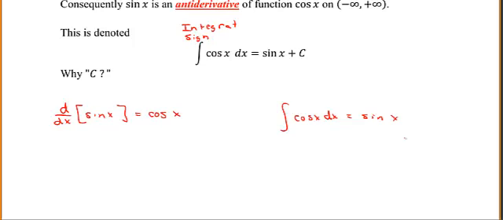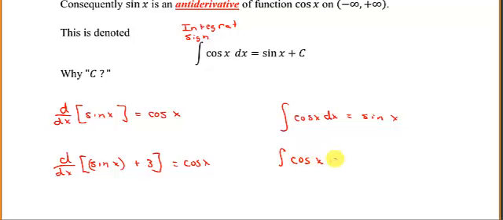But notice we could also have written the derivative with respect to x of sine of x plus 3 is cosine of x. So it would have made just as much sense to write the antiderivative of cosine of x is equal to sine of x plus 3, because when I take the derivative of sine of x plus 3, I get cosine of x.